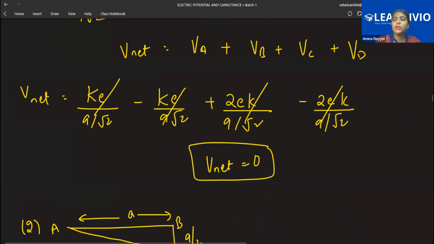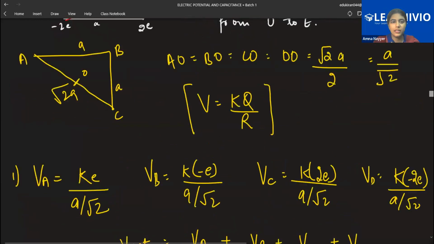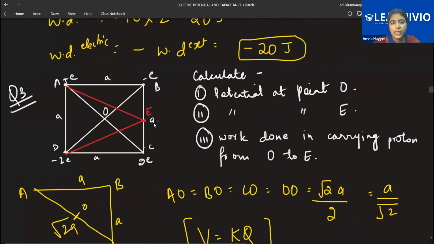Now come to the second part, class. Now the difference that you have to focus on here is, see, this is point E, this separation is A. This separation is A. Total is A, so half of it will be A by 2.